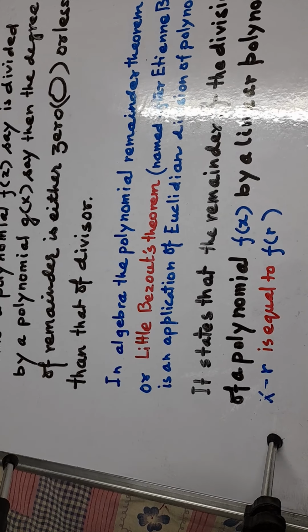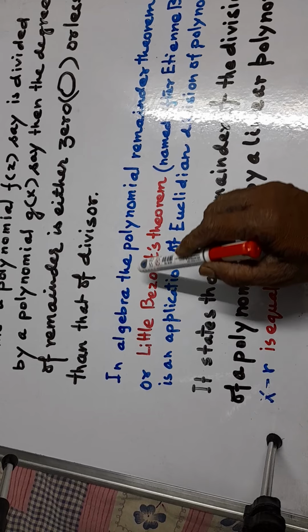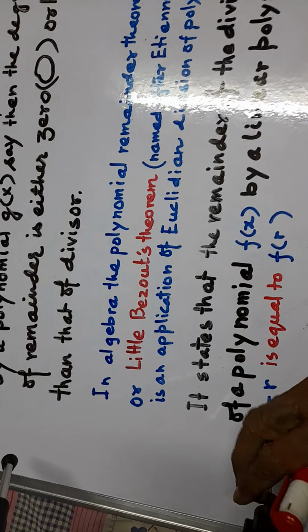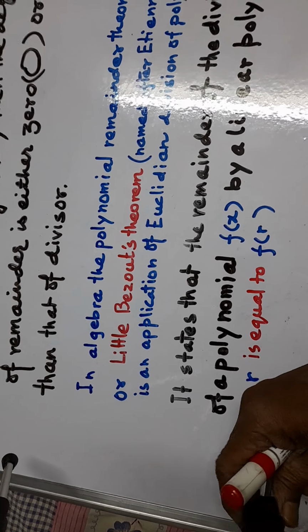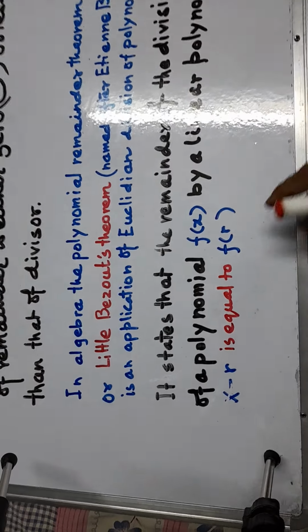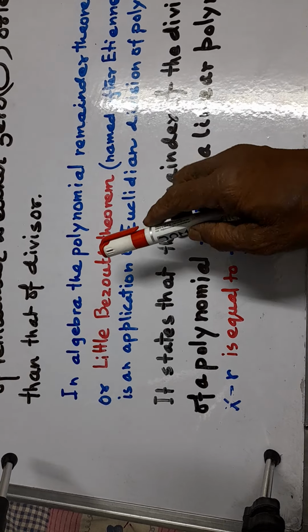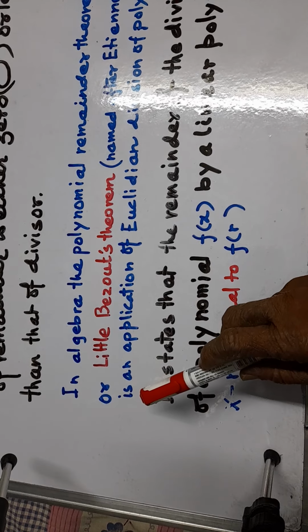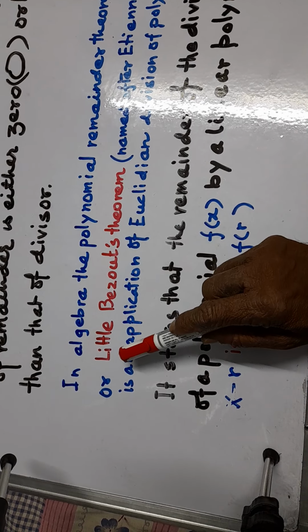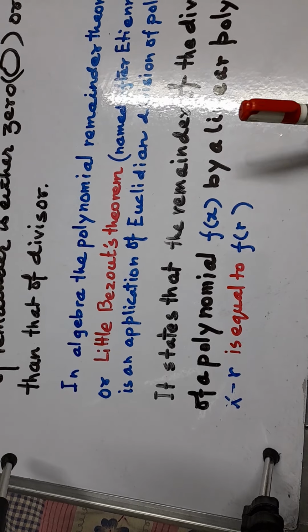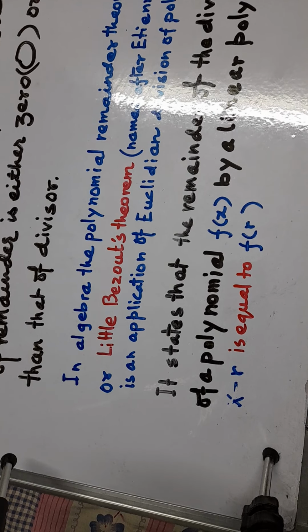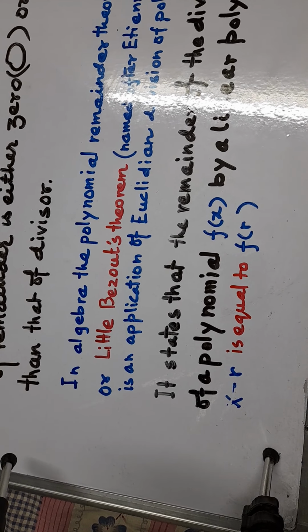Again, in algebra, the polynomial remainder theorem is also known as Little Bezout's theorem. You may ask why it is called Bezout's theorem?